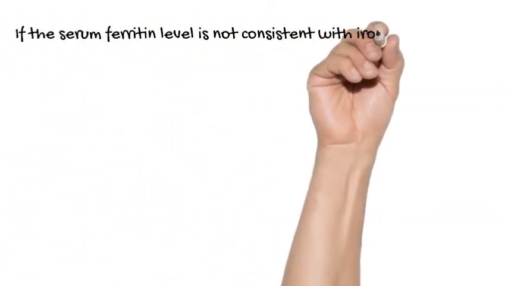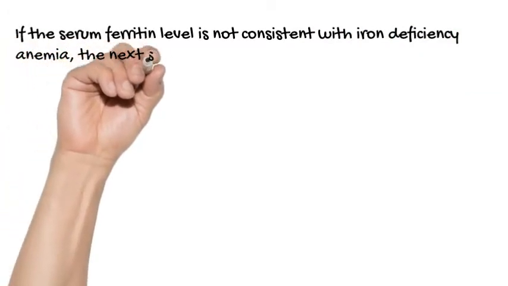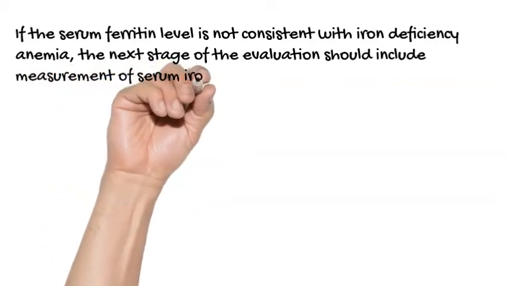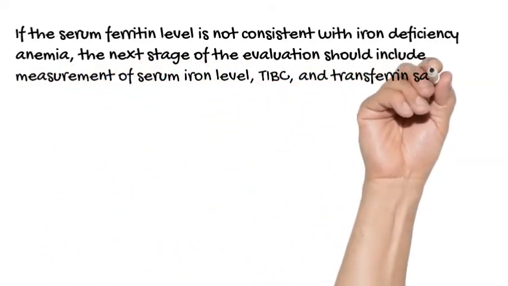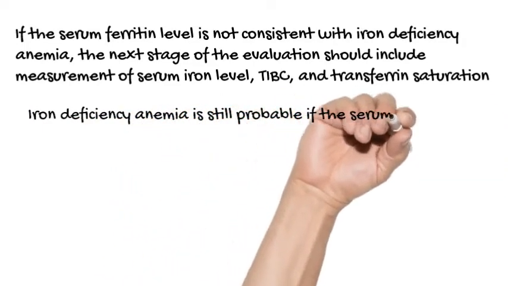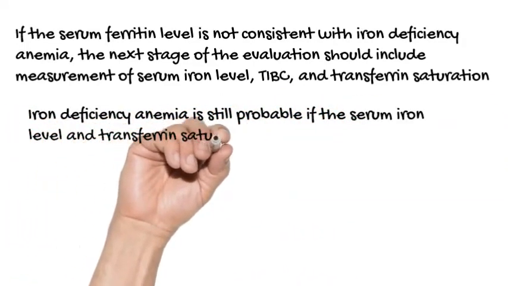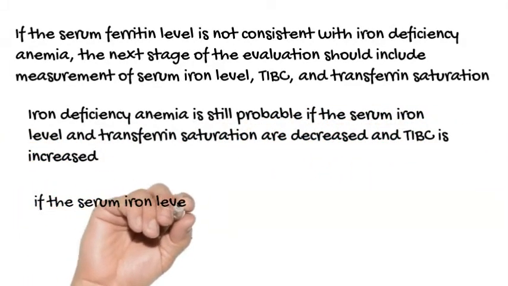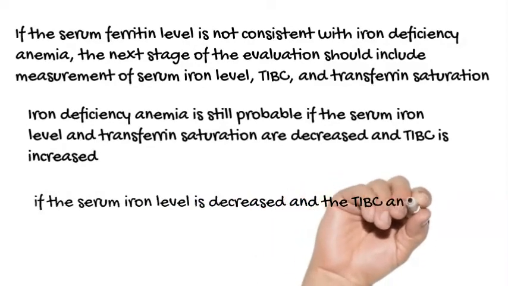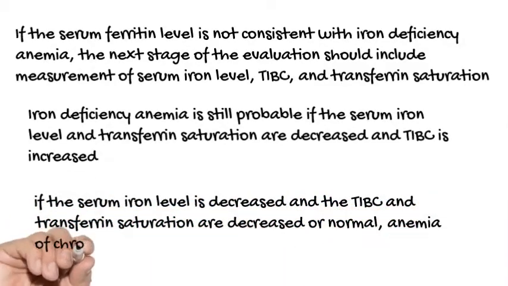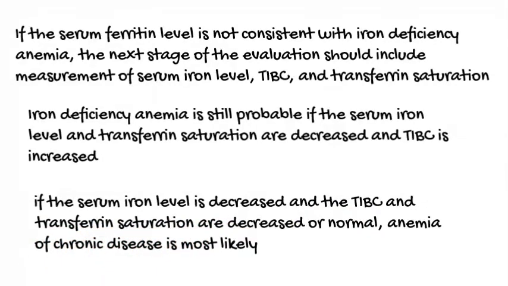If the serum ferritin level is not consistent with iron deficiency anemia, the next stage of the evaluation should include measurement of serum iron level, TIBC, and transferrin saturation. Iron deficiency anemia is still probable if the serum iron level and transferrin saturation are decreased and TIBC is increased. On the other hand, if the serum iron level is decreased and the TIBC and transferrin saturation are decreased or normal, anemia of chronic disease is most likely.